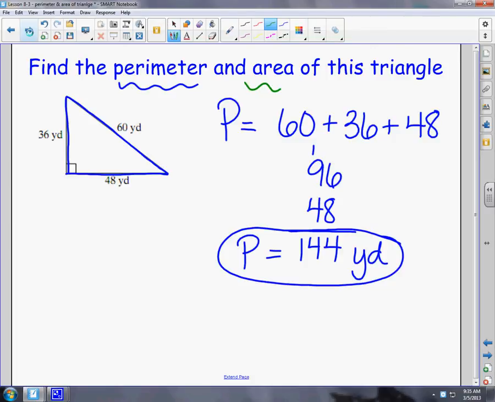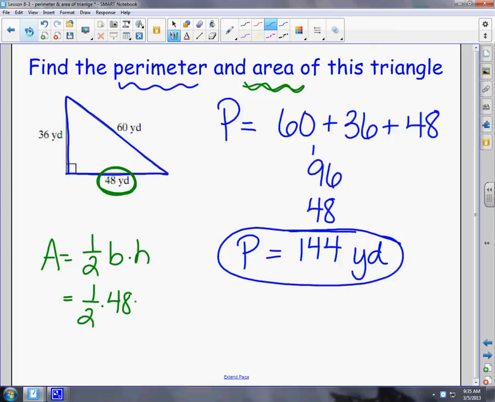Now area equals 1/2 base times height. So if I did this, I would have 1/2. The base, which I have to look at my triangle, is 48. And then my height, remember, goes straight up and down, which is 36.